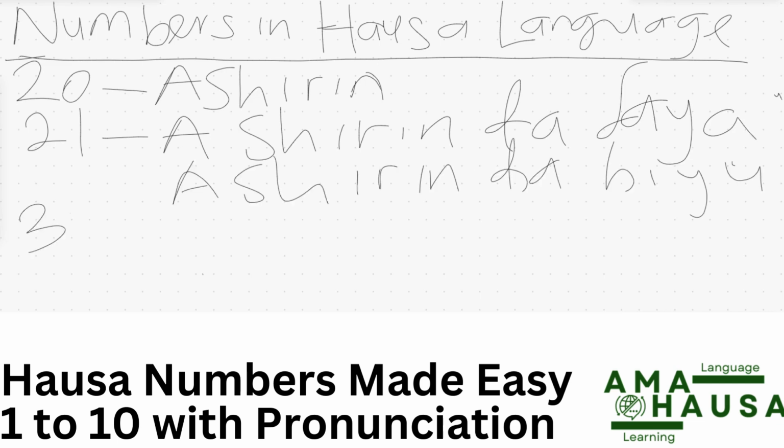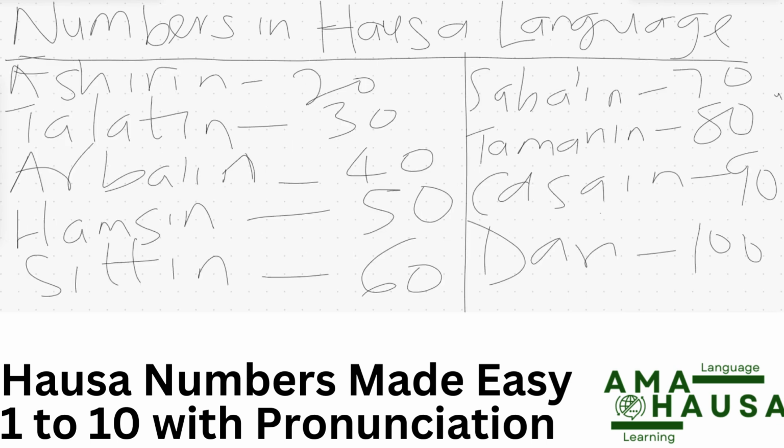From 30, 40, they have their own names. 30 is talatin. So let's look at from 20 to 100. Ashirin is 20. Talatin 30.